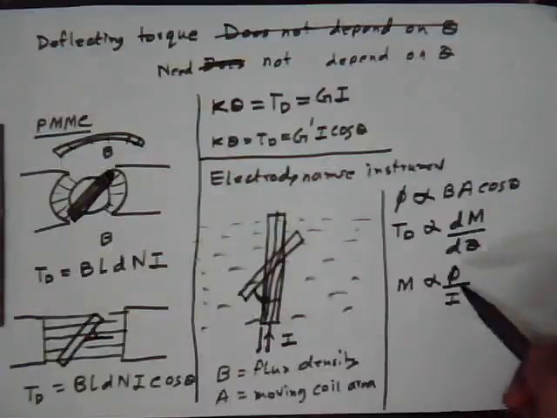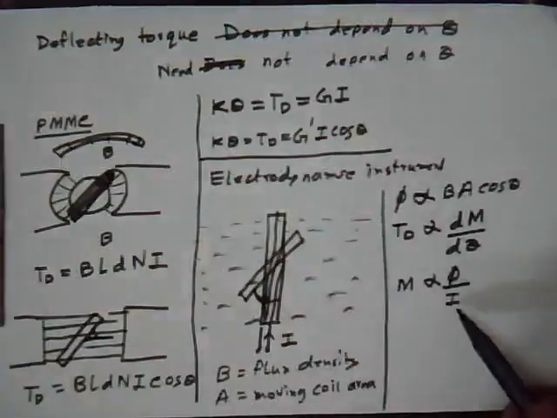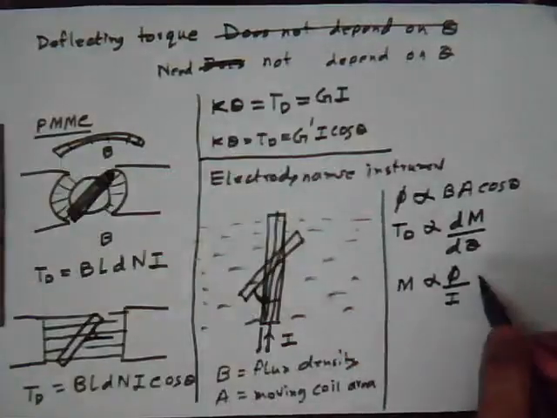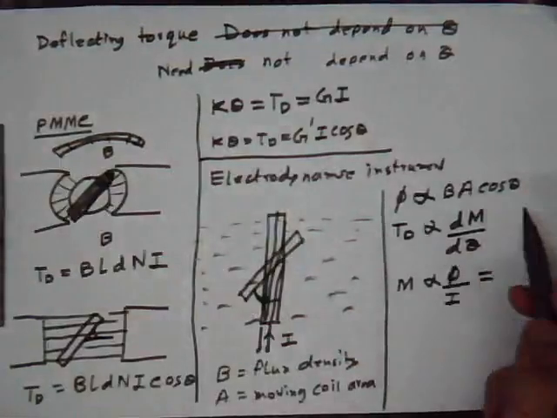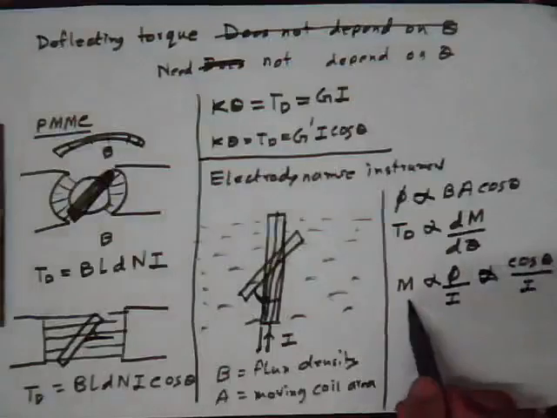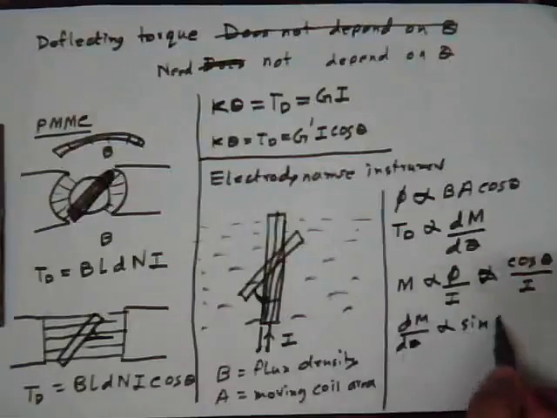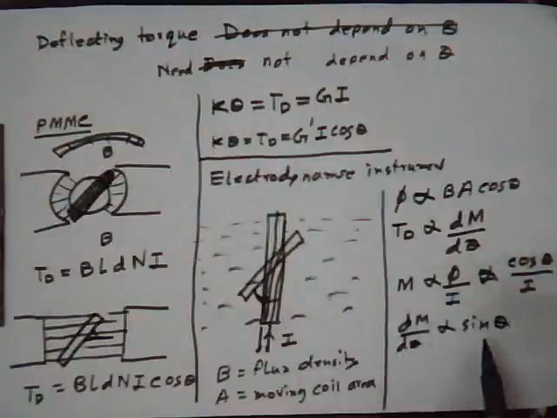So M is equal to the flux linkage of the second coil due to the current in the first coil. And since φ is proportional to VA cos θ, this is proportional to cos θ by I, and therefore dM/dθ is proportional to sin θ and is again a function of theta.